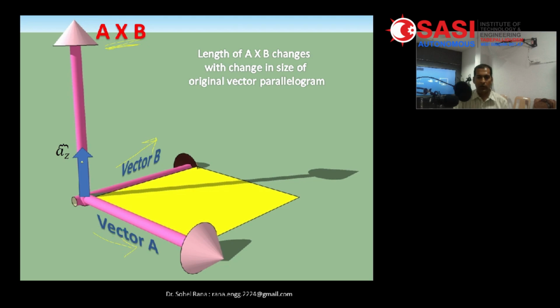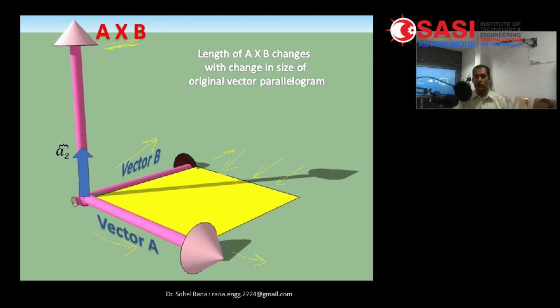Their cross product will always be perpendicular to both of them. In 3D we can see that this is nothing but the plane covered by these two vectors. If we increase these vectors, this plane will also increase.